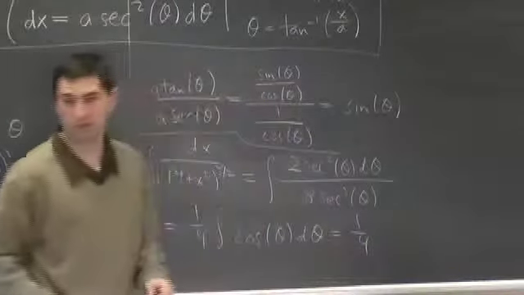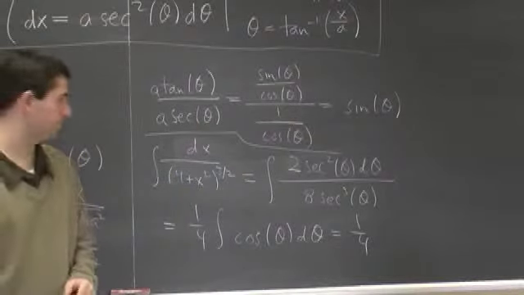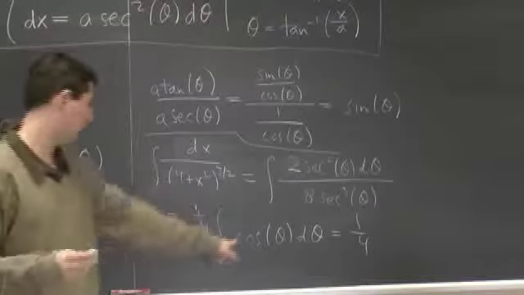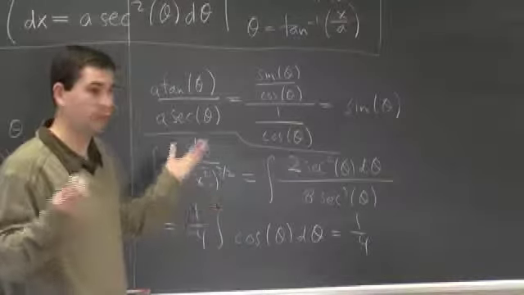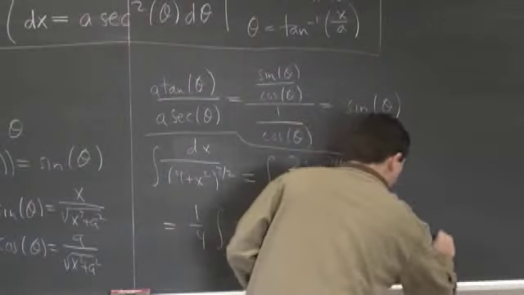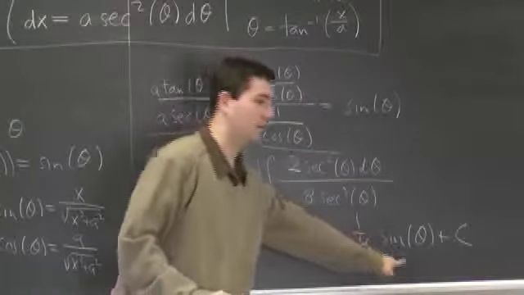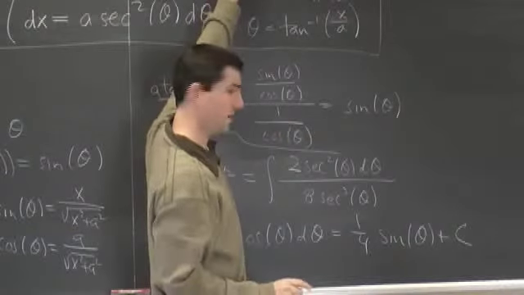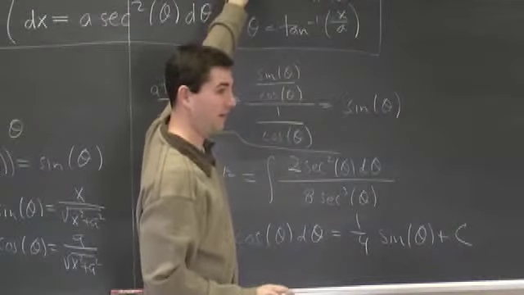Of course, what's the integral of cosine? Sine, right? Because this says whose function's derivative is cosine. So it's sine. And now you can see why it's nice to know what sine is. Now we can just immediately resubstitute our x back in.